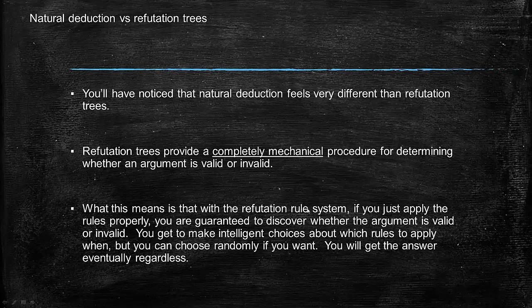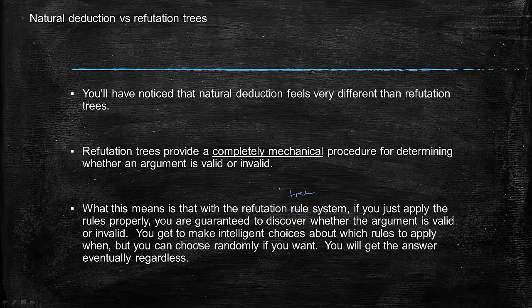So what this means is that with the refutation rule system, or refutation tree system, if you just apply the rules properly, you're guaranteed to discover whether the argument's valid or invalid.